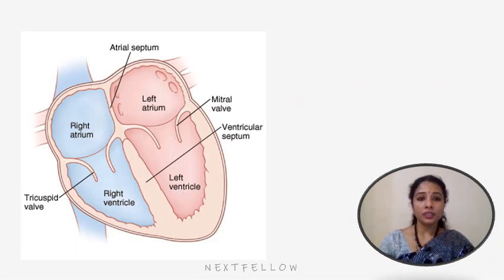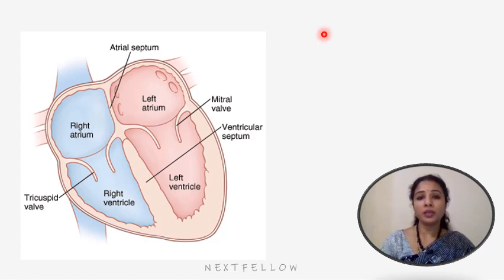So here we can see an image of a normal heart showing the 4 chambers. The primitive heart tube has a single lumen, and this lumen is partitioned into 4 definitive chambers by 4 septa.